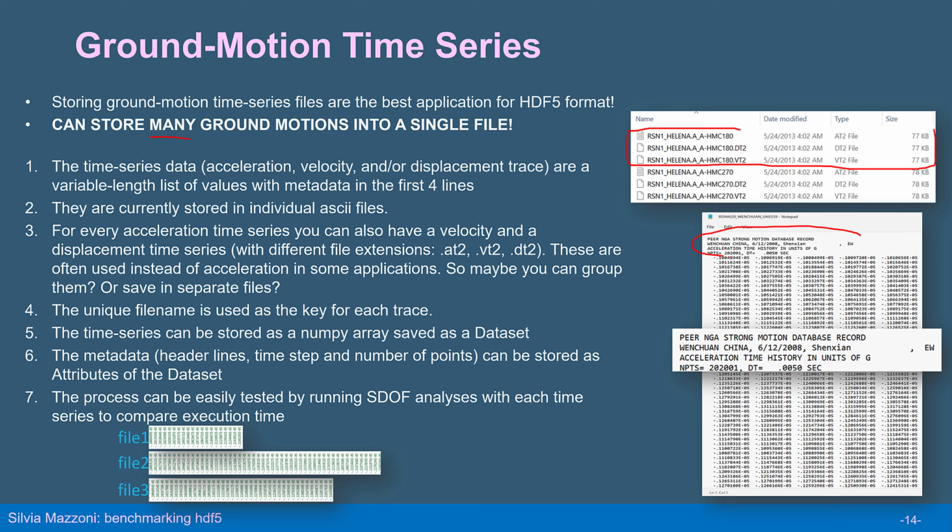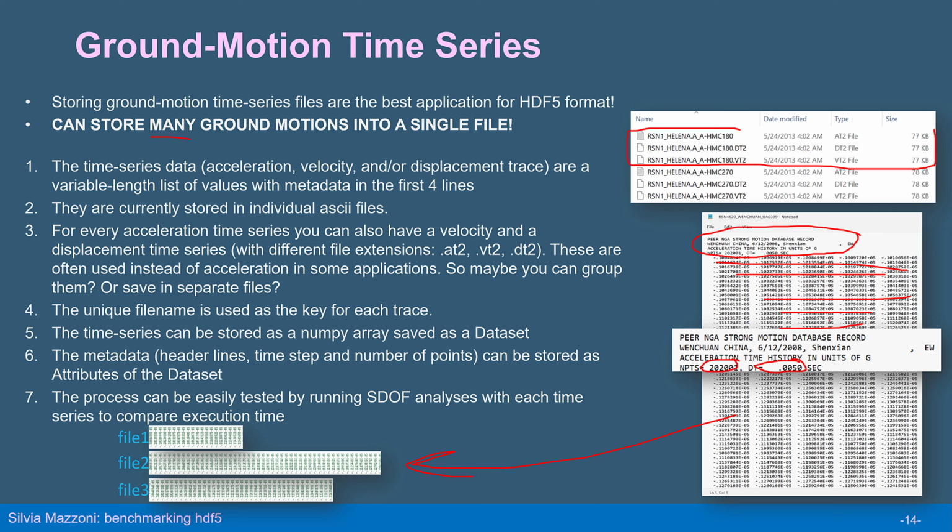I've got this little header at the very top that gives me important information, especially the number of points and the time increment. So I need this metadata, and then this is literally the time series. It's one long list that is written out in lines of 1, 2, 3, 4, 5 elements each. So the time series actually gets converted into that.